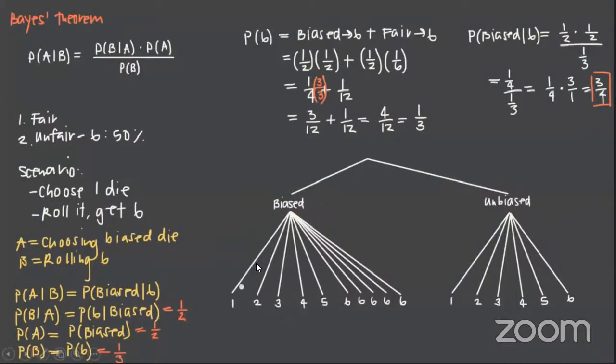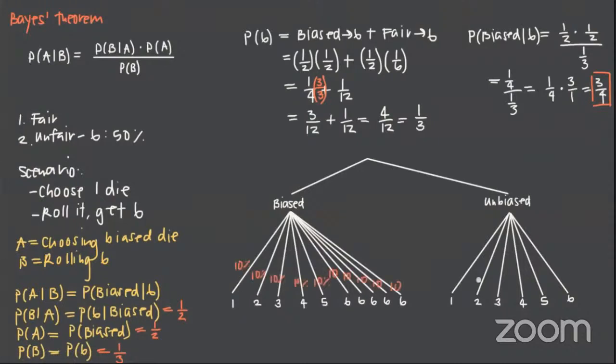Therefore, in the biased dice, I have given the various options 1, 2, 3, 4, 5. The remaining 50% of the times I get number 6. While in the unbiased or a fair dice, I have an equal probability of 1, 2, 3, 4, 5, 6.